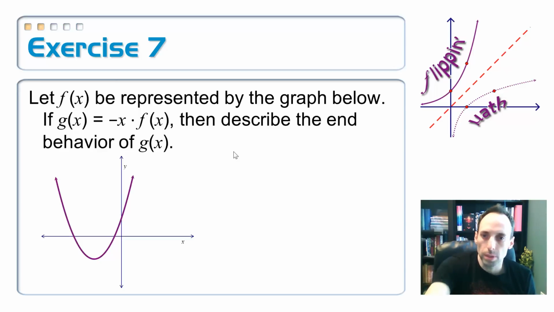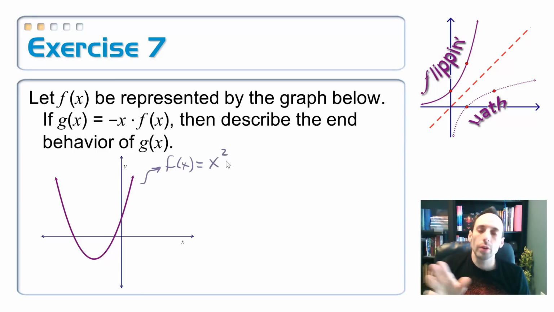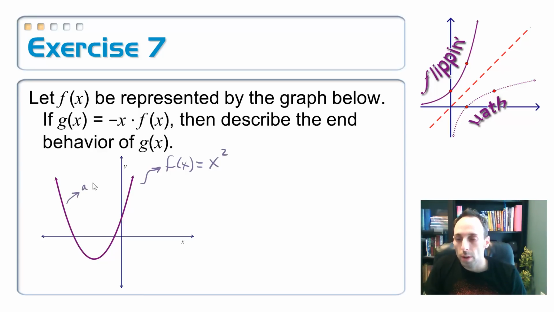If this is f of x and it's a parabola, I can say that it is some variation of x squared. I don't really care what the leading coefficient is, other than I know right now that a is a positive number, right? Because it's a beard.